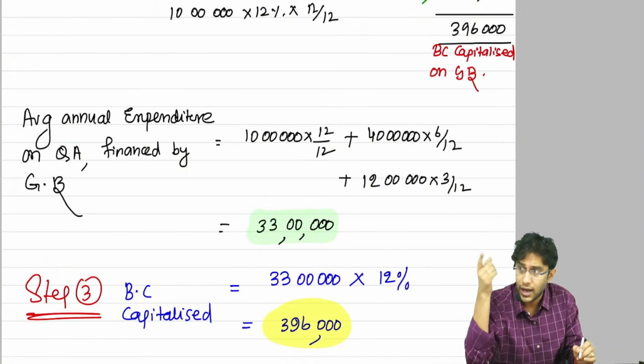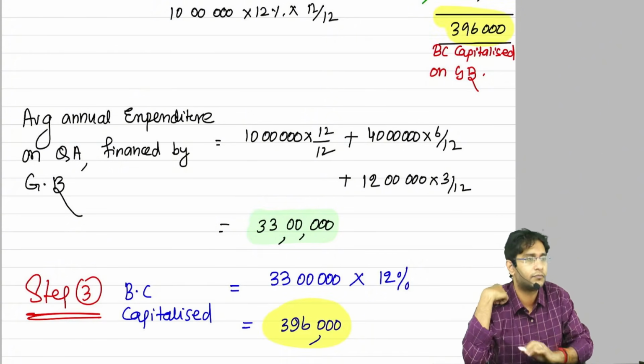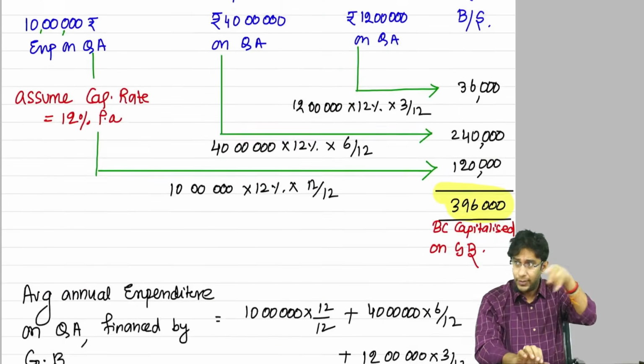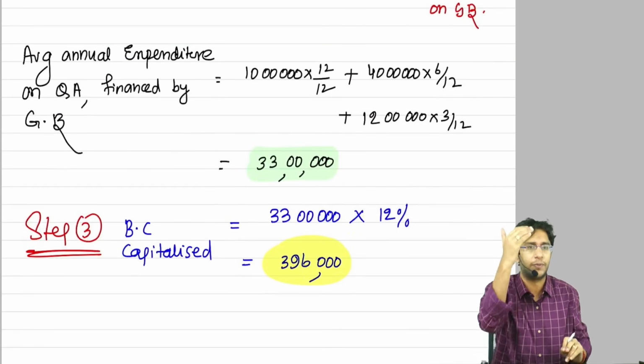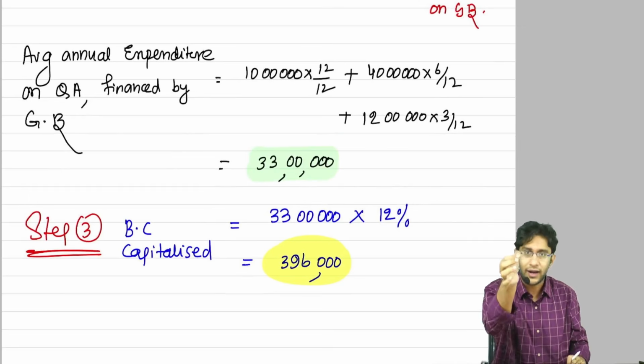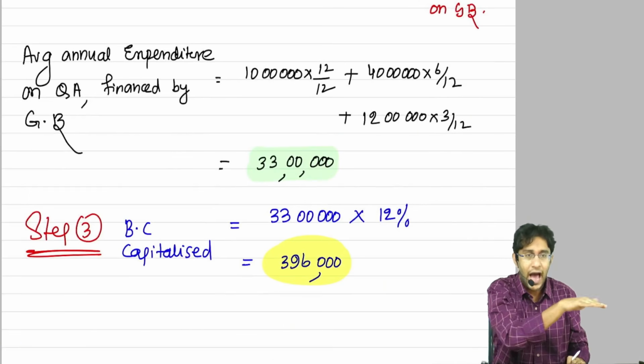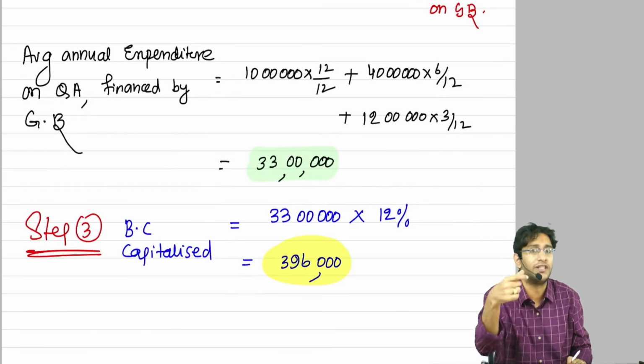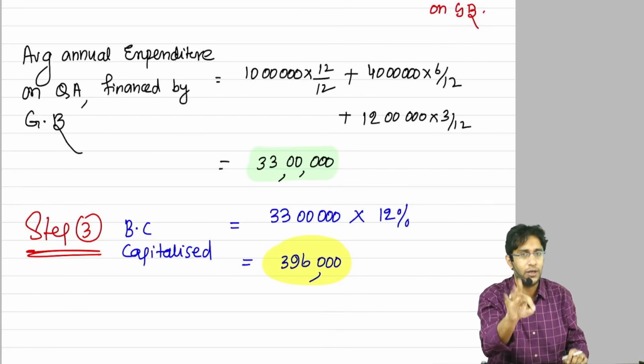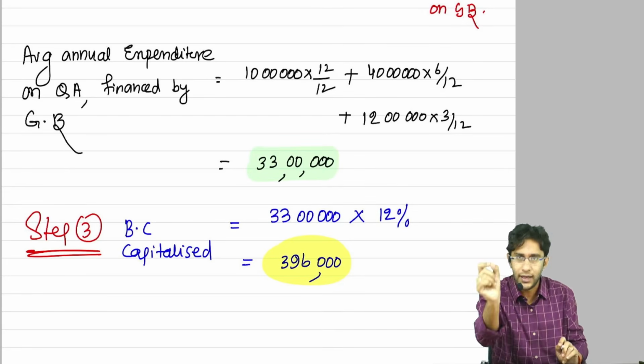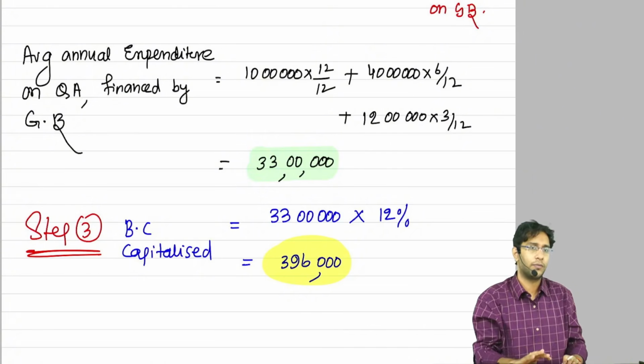No surprise, I know that answer already. If you don't like that big presentation, you can do 3 steps neatly. Step 1, the rate you bring. Step 2, average expenditure on qualifying asset out of general borrowings you work out. Step 3, marry those two: rate into qualifying asset expenditure.